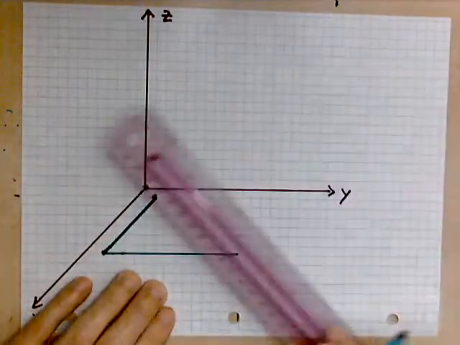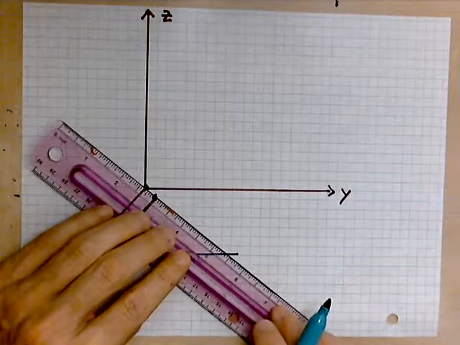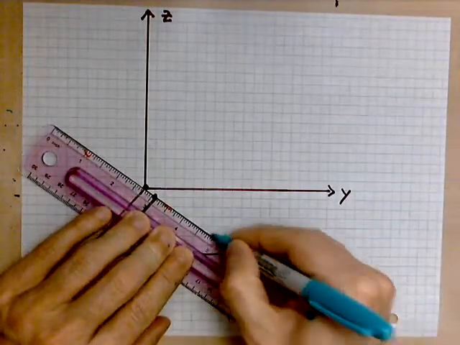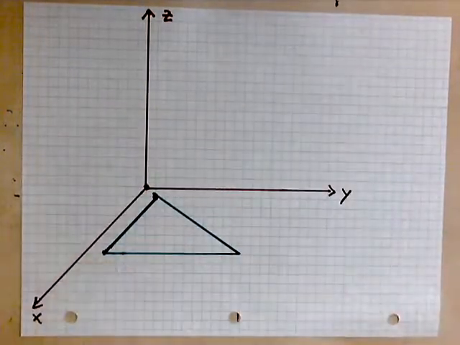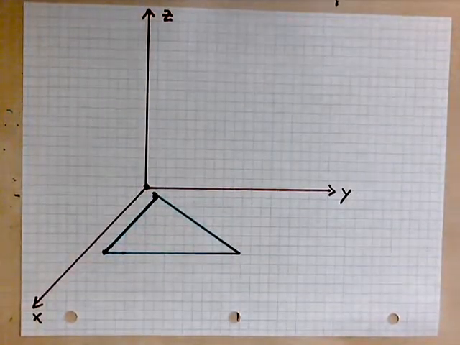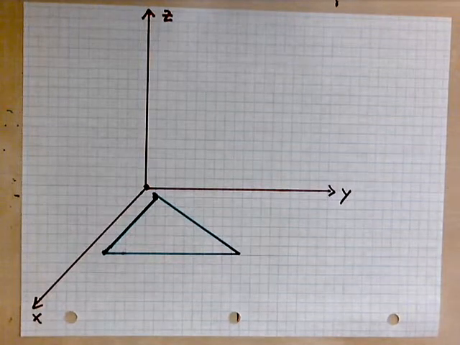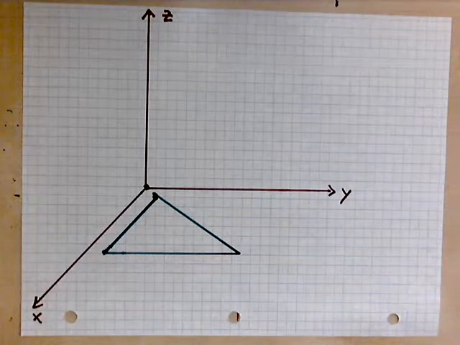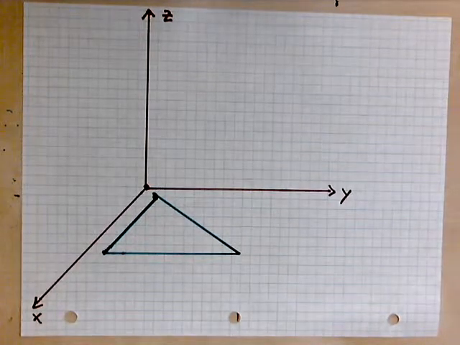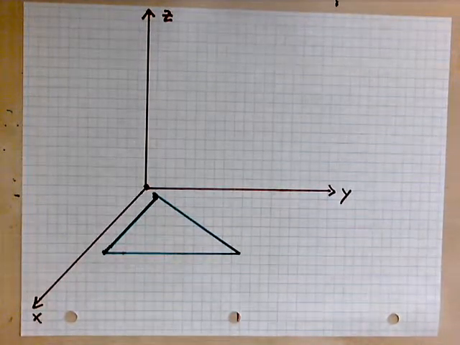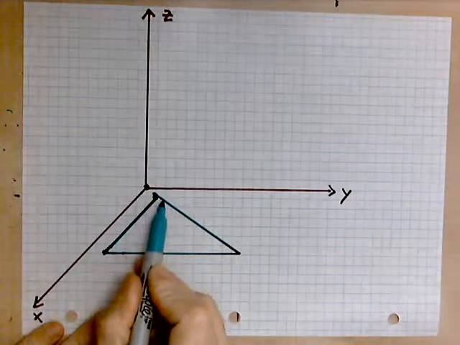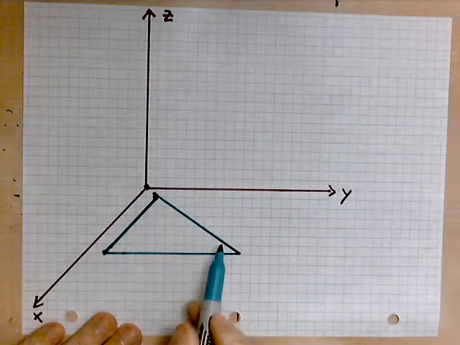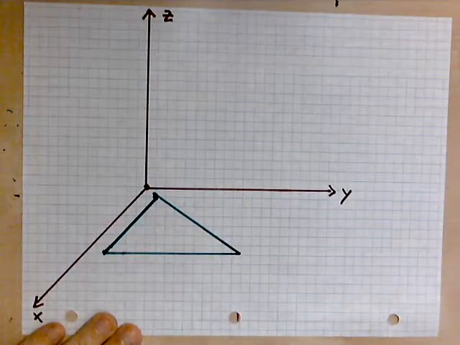Once you've done that, connect these 2 points with a straight line, and you have a triangle within the xy plane, which means that the length of that line you can find using the Pythagorean theorem.